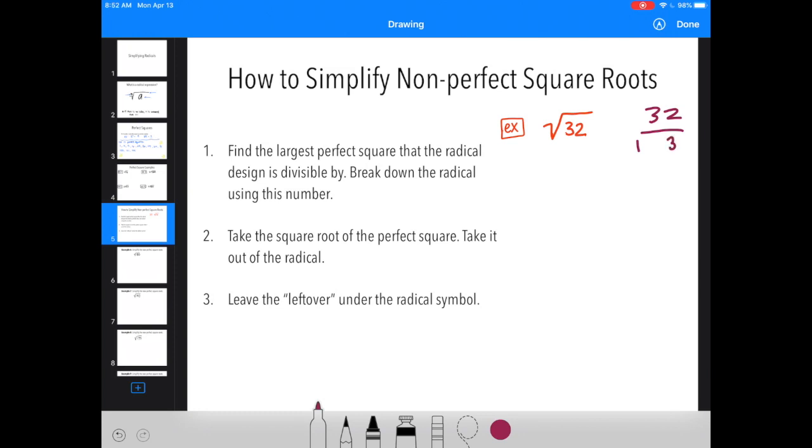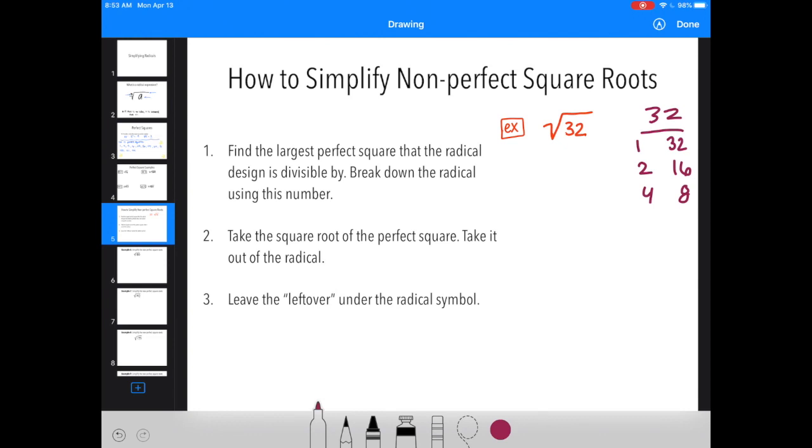32 divided by 1 gives me 32. 32 divided by 2 gives me 16. 32 divided by 4, that gives me 8. And I think those are the only multiples for 32.